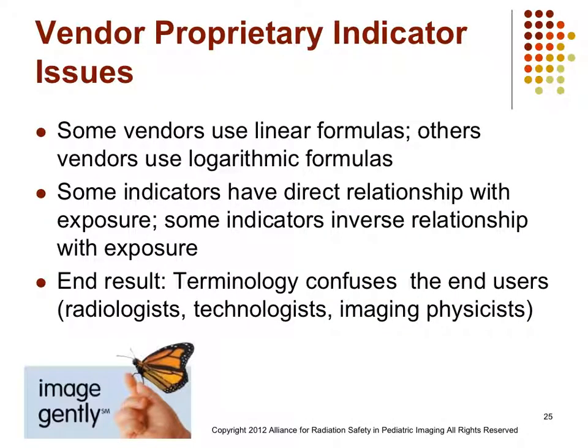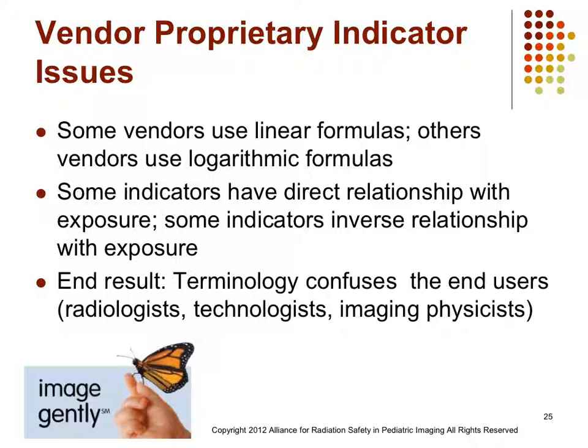So in essence, to recap, it's important to know what your facility is using, and it's not necessarily as important to understand how the vendor gets to it, but rather understanding how their system really works. Some systems are linear, meaning that number is directly proportional to the exposure, and others are considered to be logarithmic, meaning that adjustments in exposure may not be proportional.